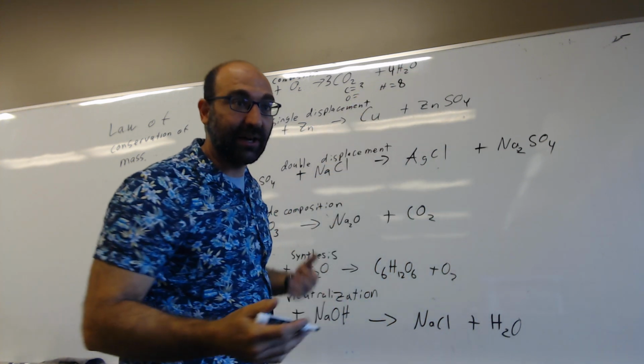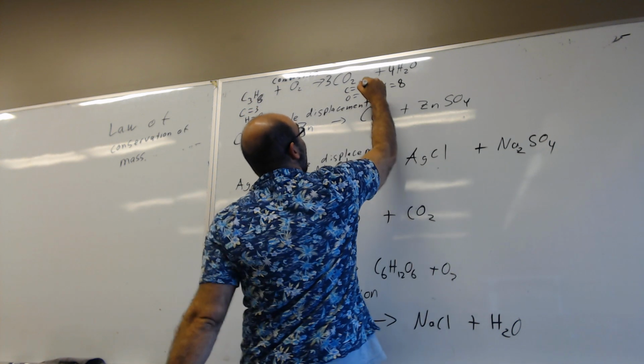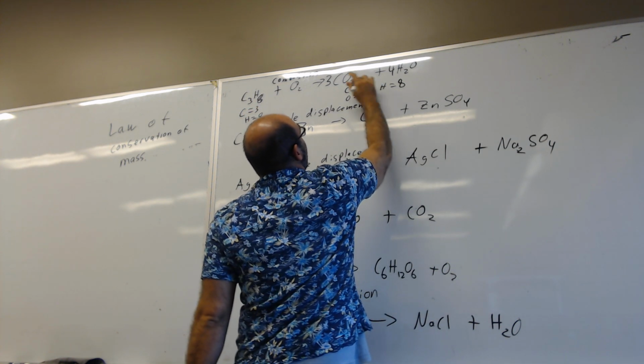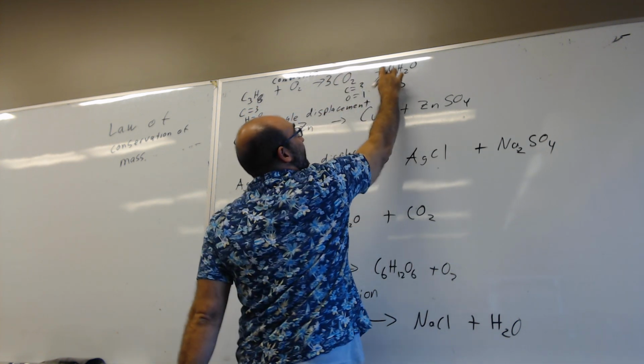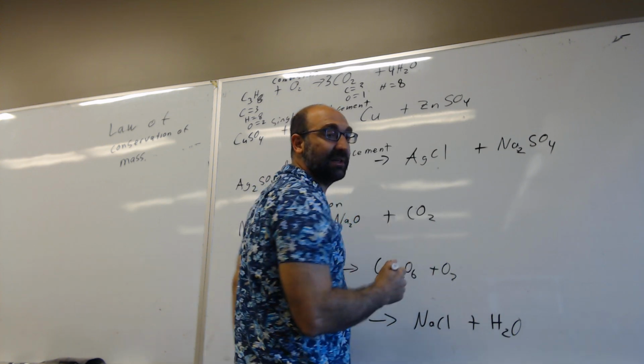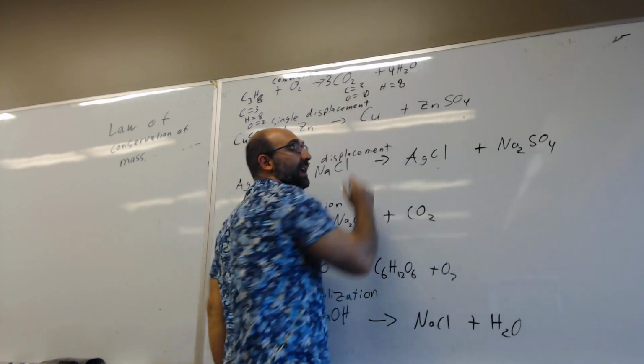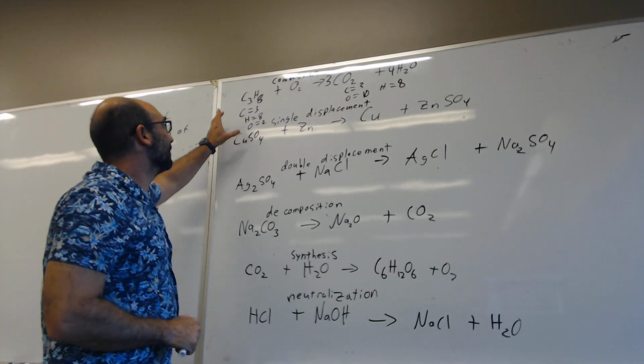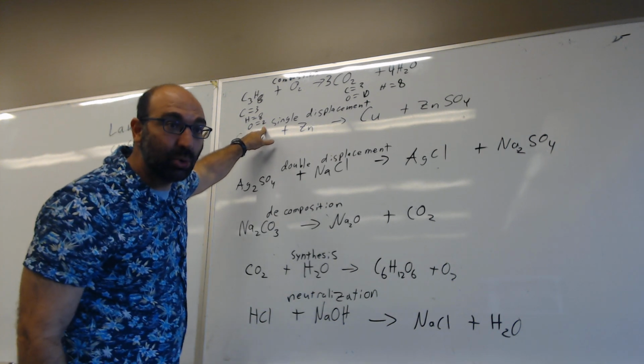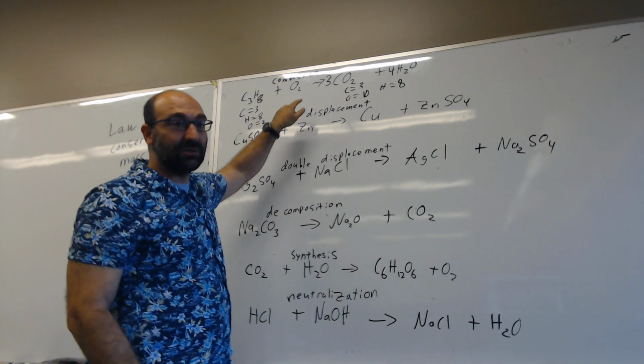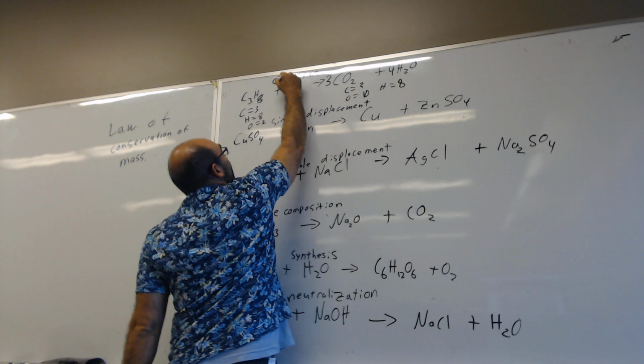And now I have 8 hydrogens on both sides. Now my oxygen here, I'm going to have 10. 3 times 2 is 6, 4 times 1 is 4, 6 plus 4 is 10. So now I need to go over here, where I only have 2 oxygen atoms. It's O2, so I'm going to turn this into 5.